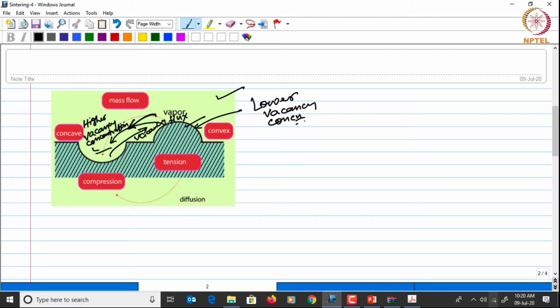Now we have also seen that the sintering process essentially starts with the formation of a neck at the contact points between the particles, and as this kind of mass flow by different paths happens, the neck grows for the densification to occur.